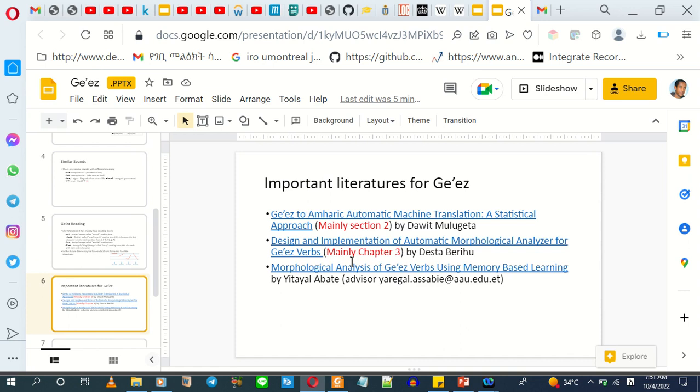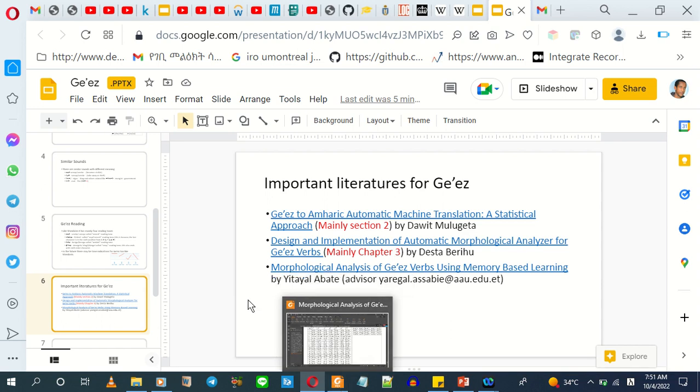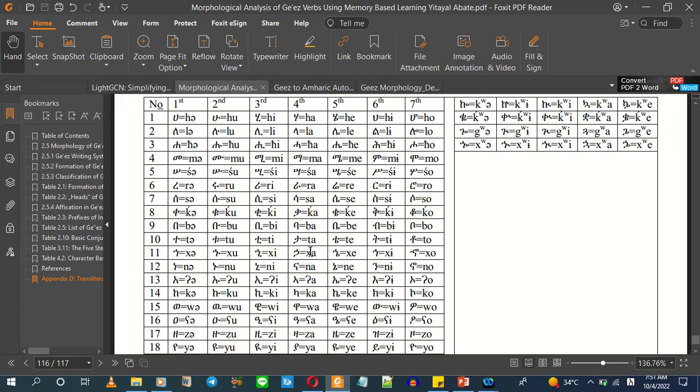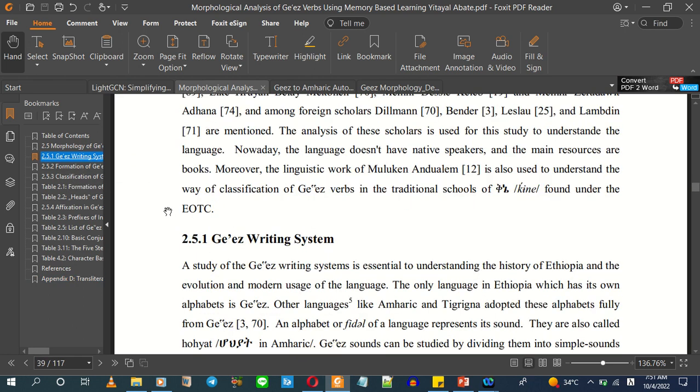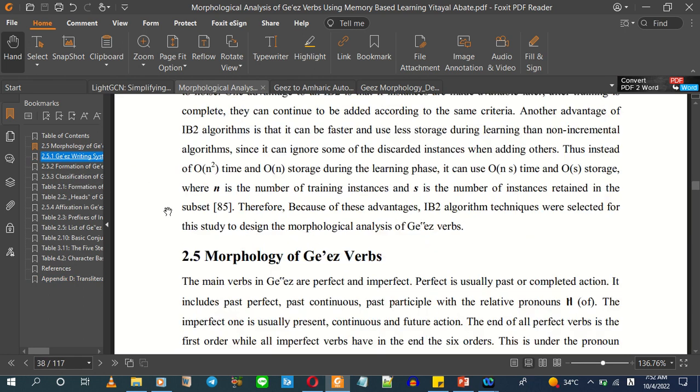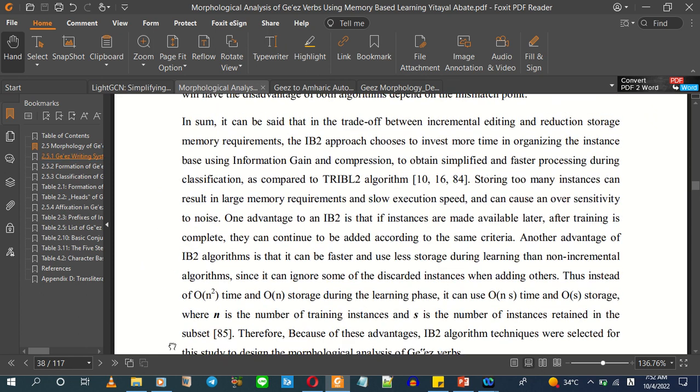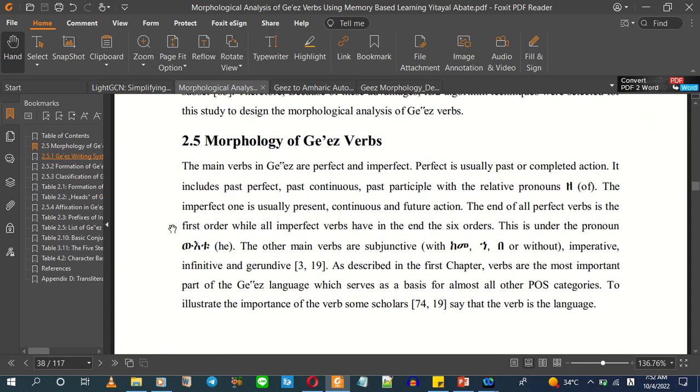Okay, so these are some important literatures I have seen. They have an important introduction for scholars that can be understood by scholars. This is some introduction about the Ge'ez language.